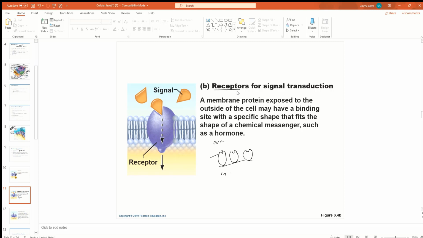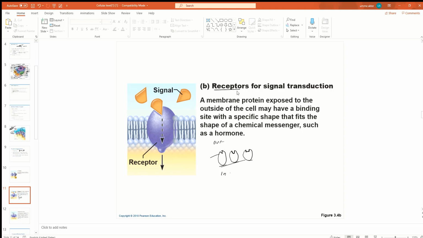So what happens, these receptor integral proteins have binding sites at the outer pole, and the binding sites have different shapes.